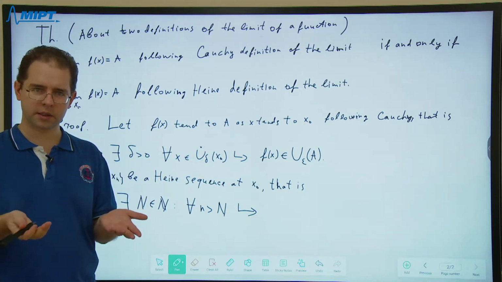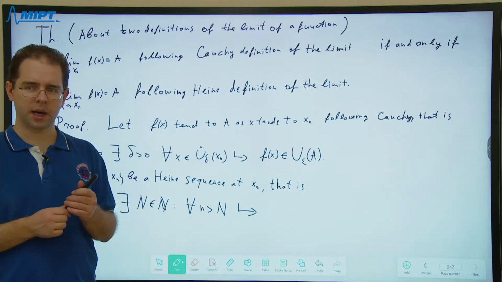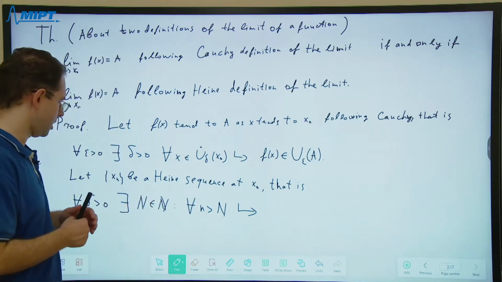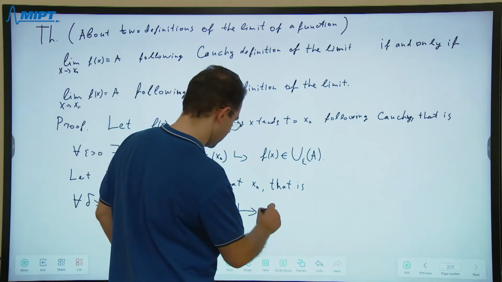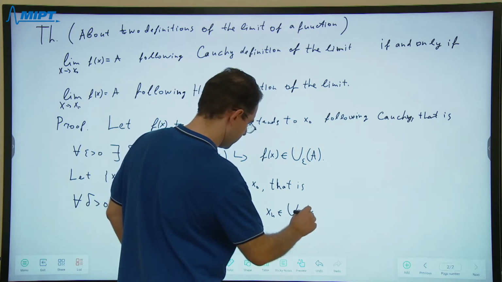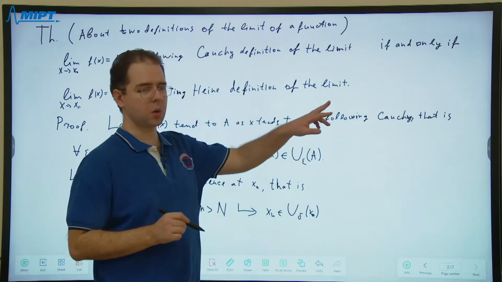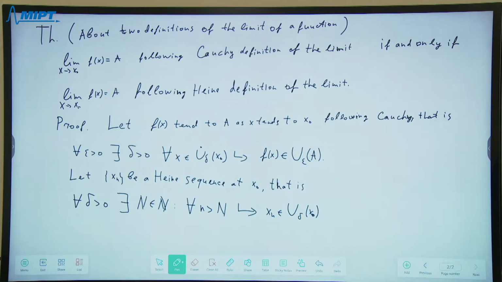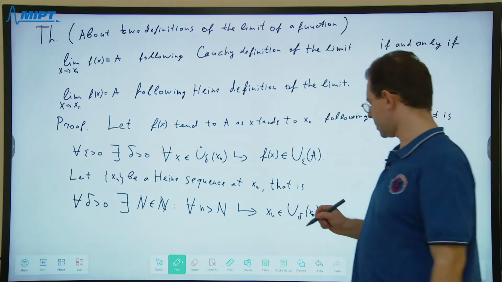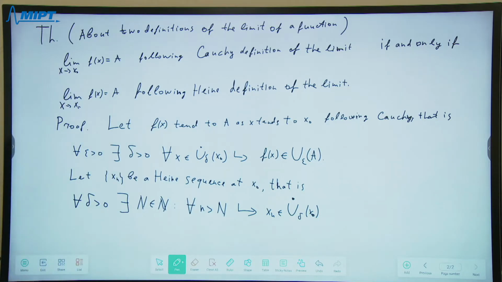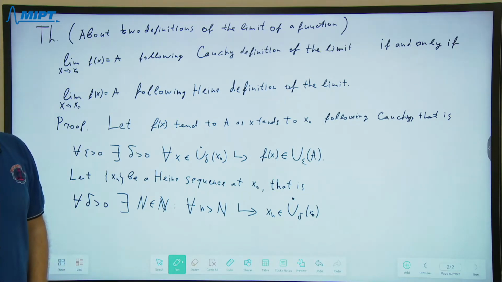But here I want to write it as a neighborhood. So I will write that xn is from the neighborhood of size delta of x0. And also noting that the sequence should not attain x0, we can write here a deleted neighborhood, deleted neighborhood of size delta of x0.